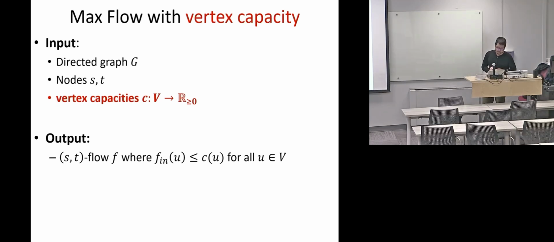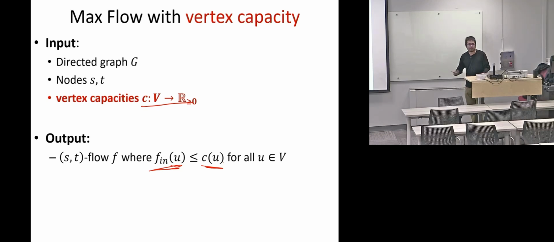By the way, we can talk about max flow with vertex capacity as well. You have a directed graph, and now you have vertex capacity on each node. That is, we want to find an ST flow such that the total inflow into U, for every node U, is at most the capacity of that node. Well, how do you compute this?